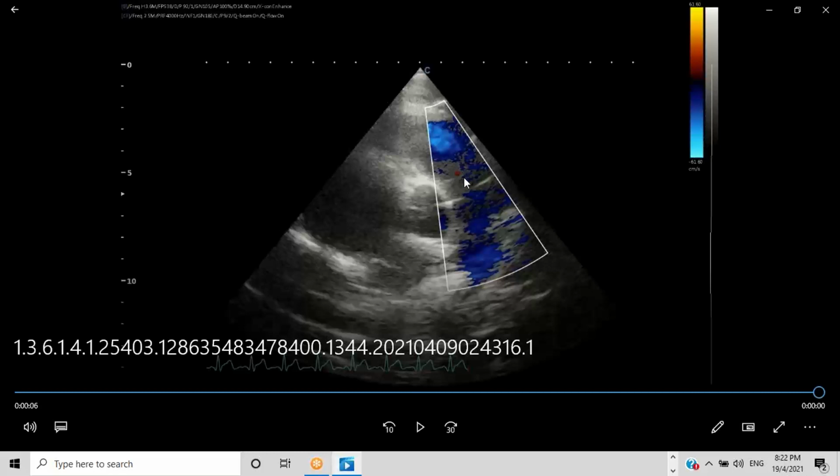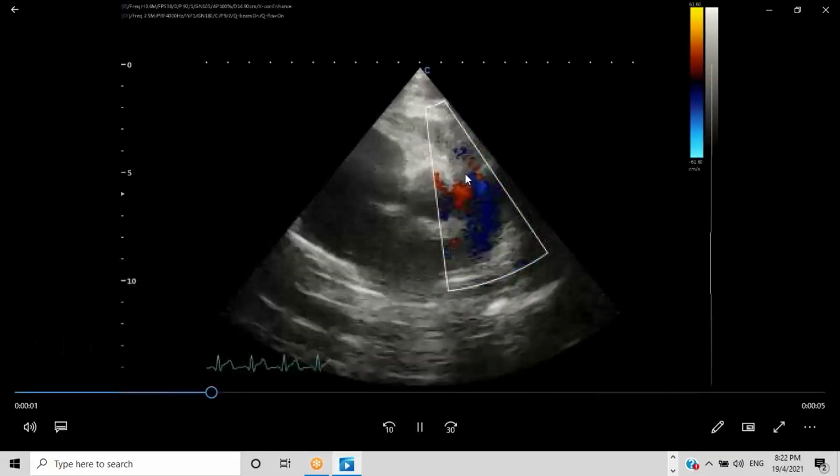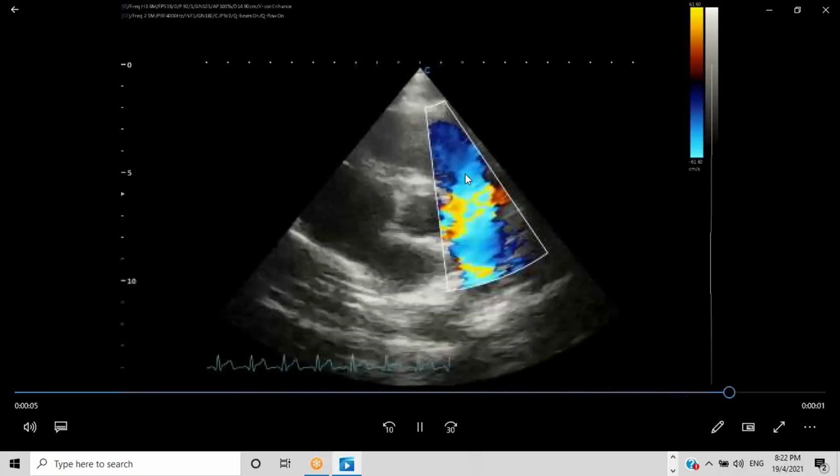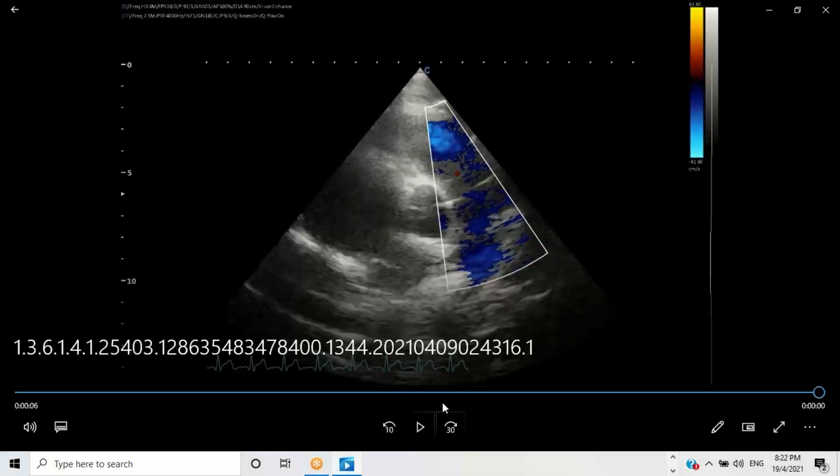This little red jet that you see, it's because there's a flow from the pulmonary trunk across the pulmonic valve into the right ventricular outflow tract, or the right ventricle, and that's pulmonic insufficiency. It's moving towards the transducer, and it's red. See, it's a little jet right there. So that's pulmonic insufficiency.